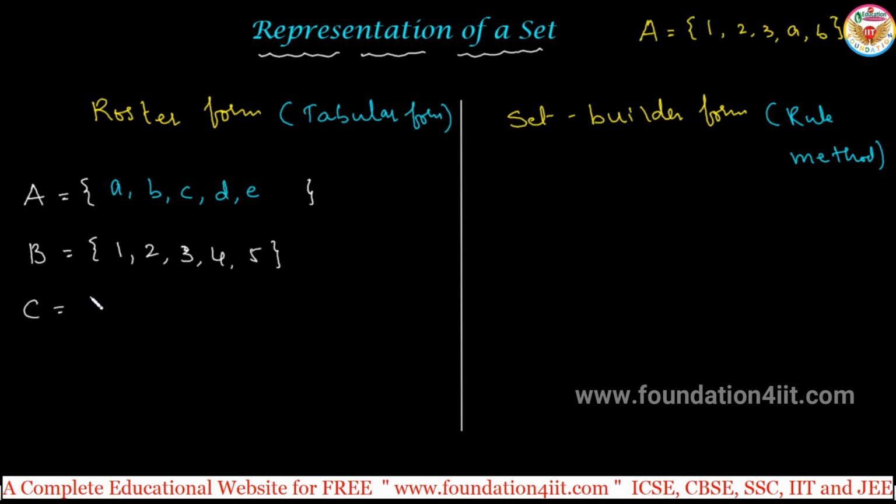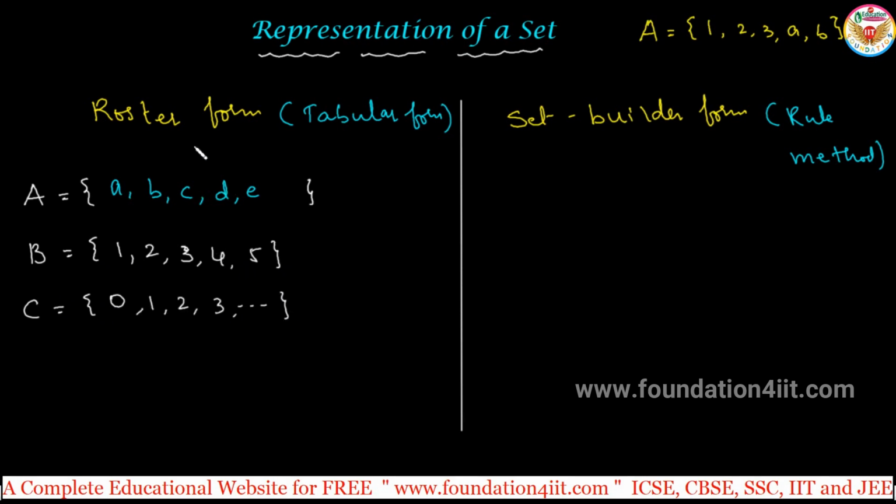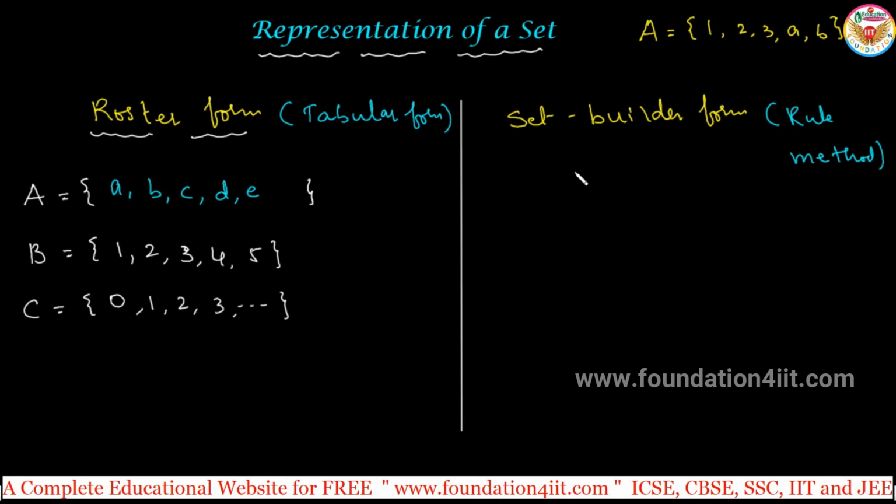Even for example set C having elements 0, 1, 2, 3 so on till infinity. So only the elements within the curly braces, the elements used with comma, this is the roster format. So roster form.